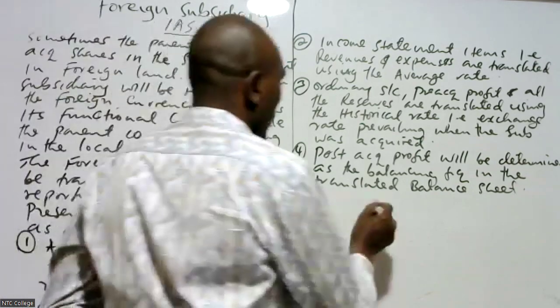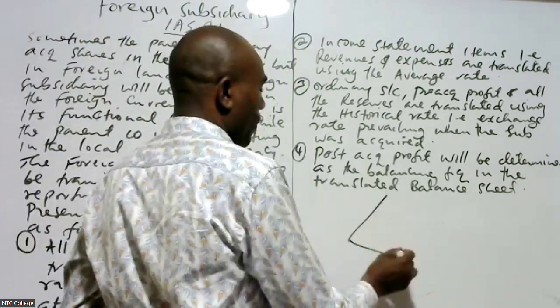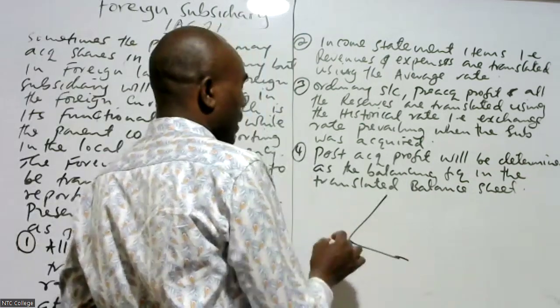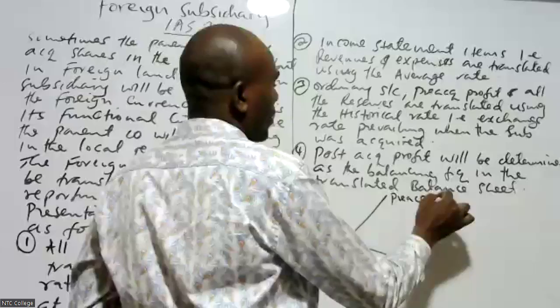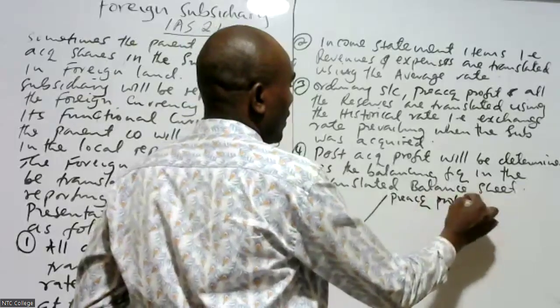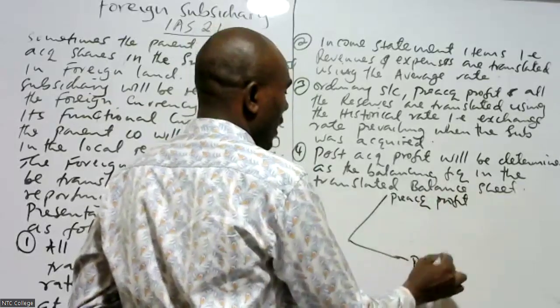What do I mean? For example, this is my profit. This is pre-acquisition profit. This is profit for the year.